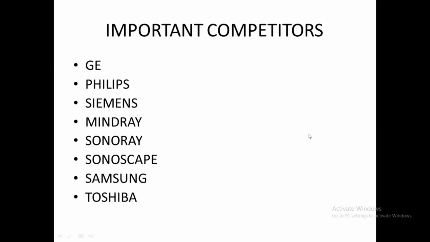There are many other ultrasound companies. There are also retailer companies who take machines from MNCs, sell them outside in the name of MNCs, and get profit from that.